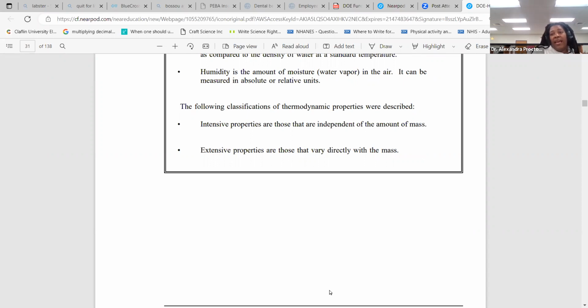Any constants they gave you, like gravitational constants, you should have noted that. And any conversion factors, you should have notated those as well. Okay. Then go to the summary, and that's how you pull out your definitions. And to help you with the summary for intensive and extensive properties, you should have notated what they are.